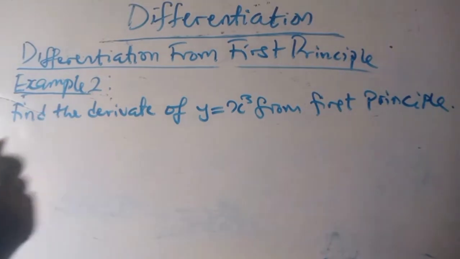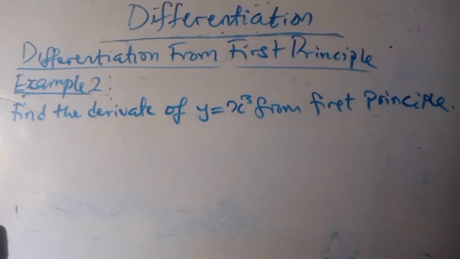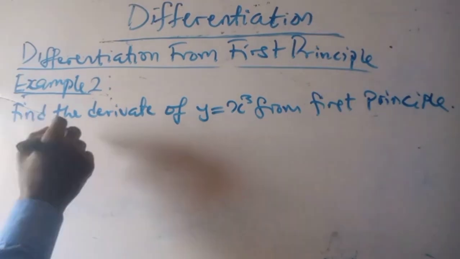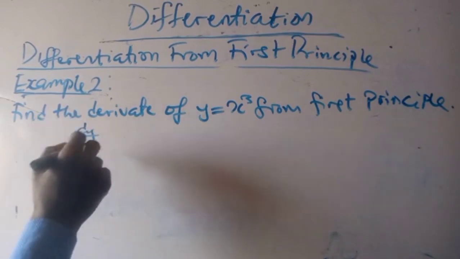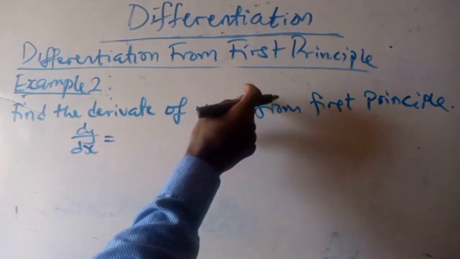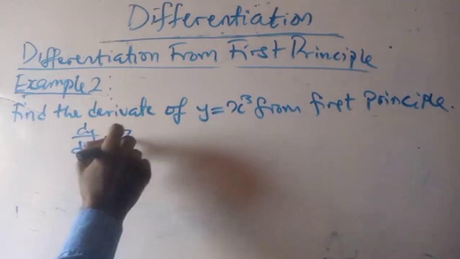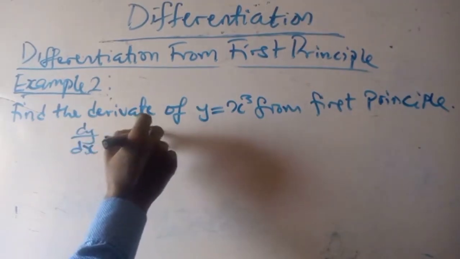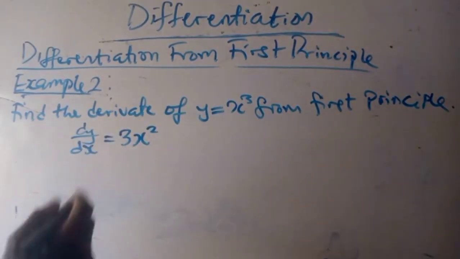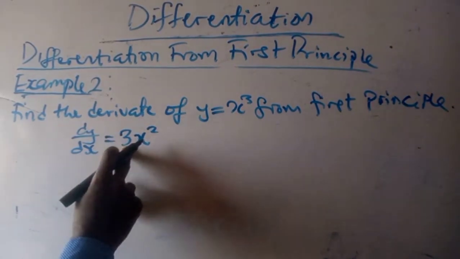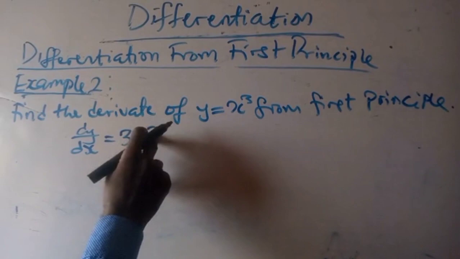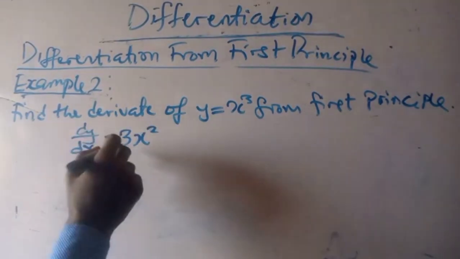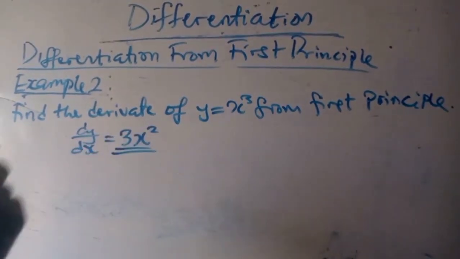Now, if we are to find dy/dx using the general formula, it's going to be 3x squared. That is 3 multiplied by coefficient 1, which is 3, multiplied by x raised to power 3 minus 1, which gives us 2. So this will be our final answer.